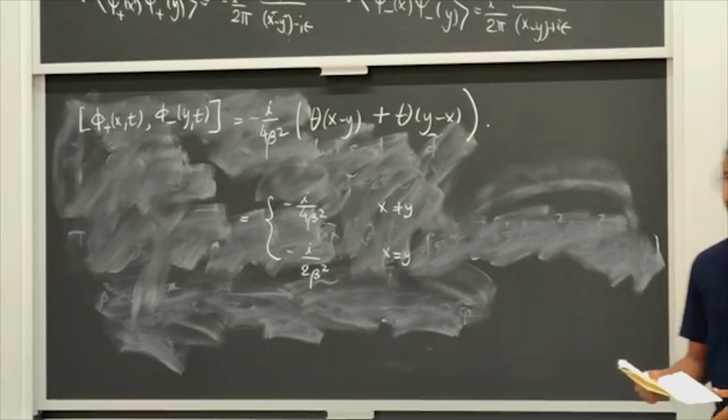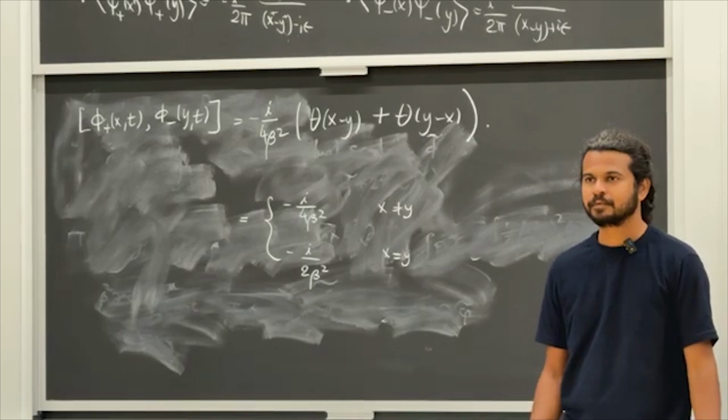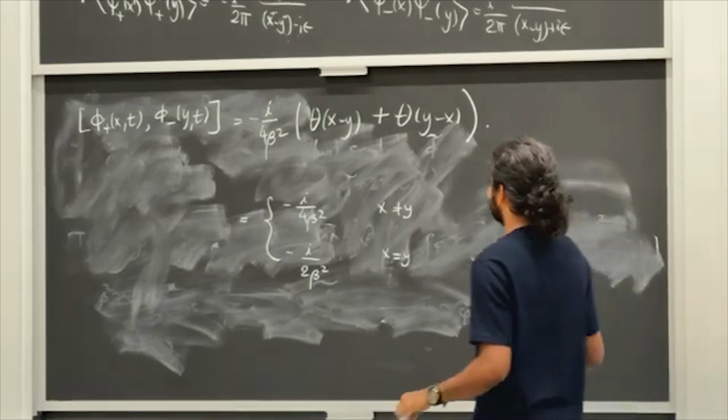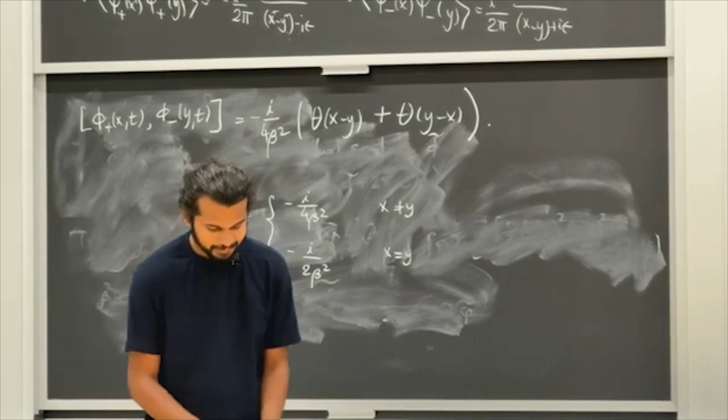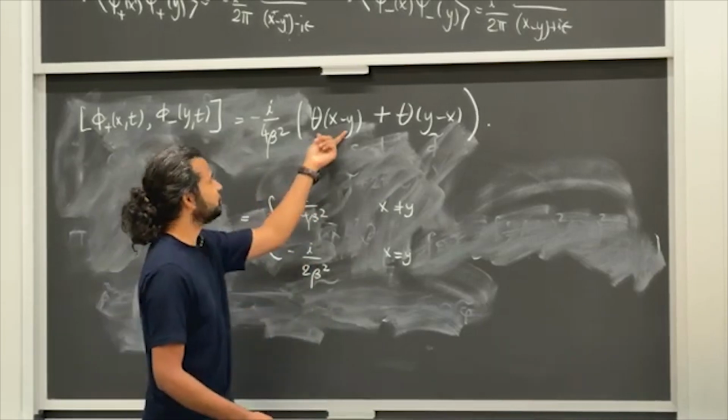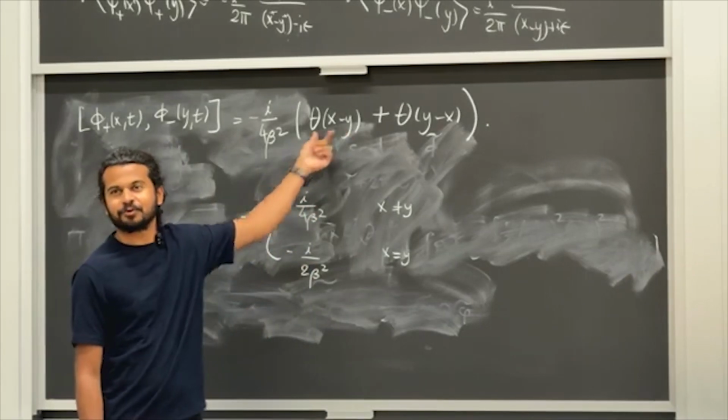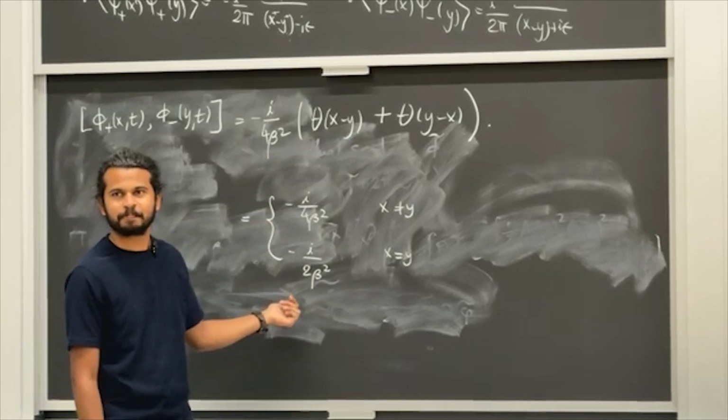Why is there some jump at x equals y? Yeah, so you have to define this to be half or something to not get a jump.